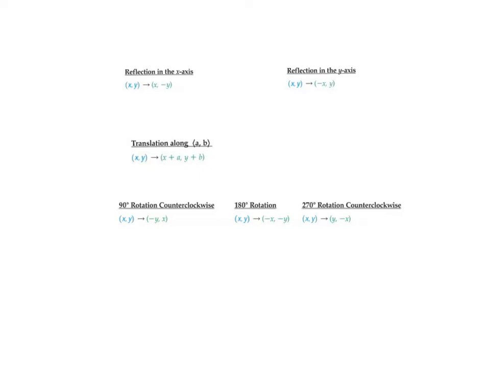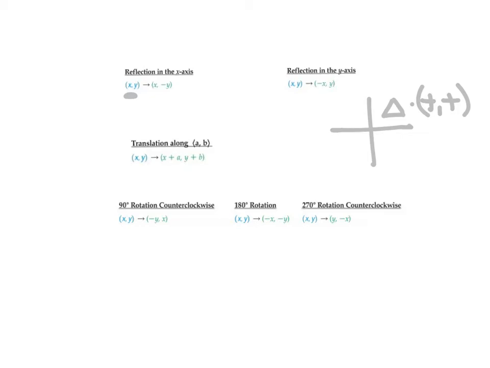Okay, so I've put all these on one page rather than move it along, but let's have a look at what happens to the coordinates when you are reflecting, translating or rotating either counterclockwise or 180. In a reflection, let's have a look at what happens in the x-axis. If you've got your coordinate here, in this coordinate it's positive and positive, if you think of the x and the y.